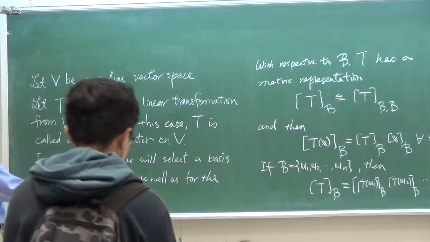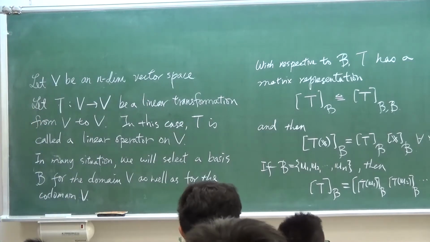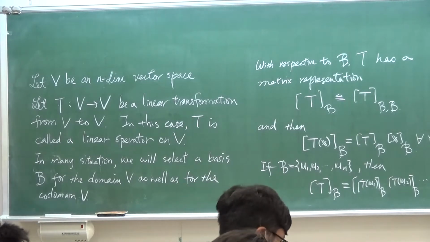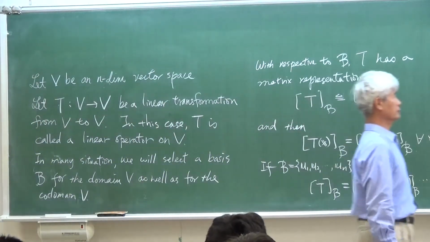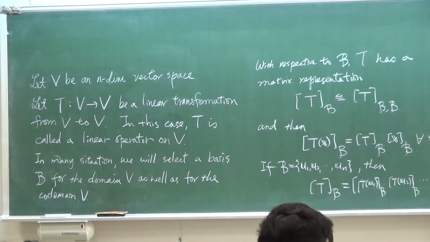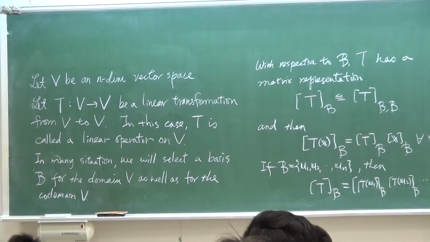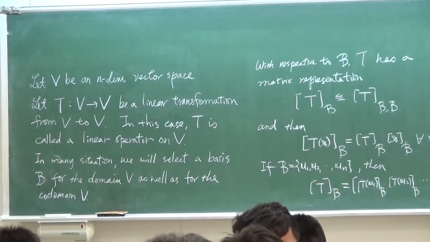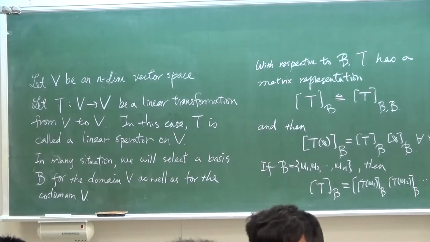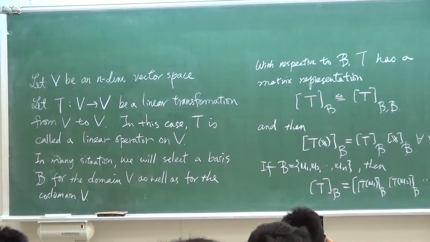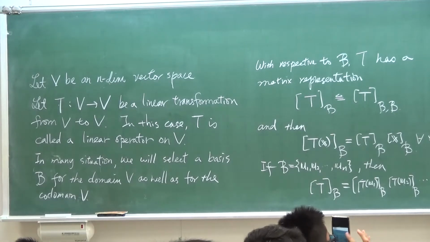The second point is that for the domain and codomain, we select the same basis. In this case, the matrix representation relative to the basis C and the matrix representation of the operator T for the basis B are related in this way. This is a matrix, and this is the inverse of this matrix.